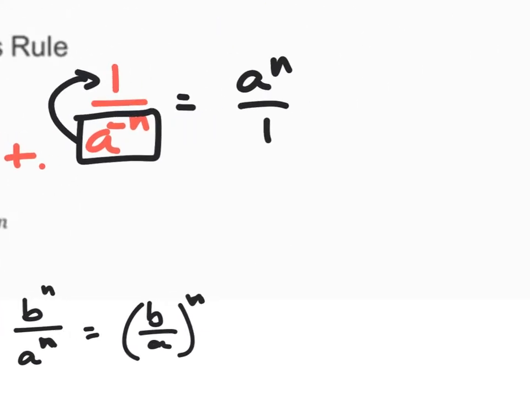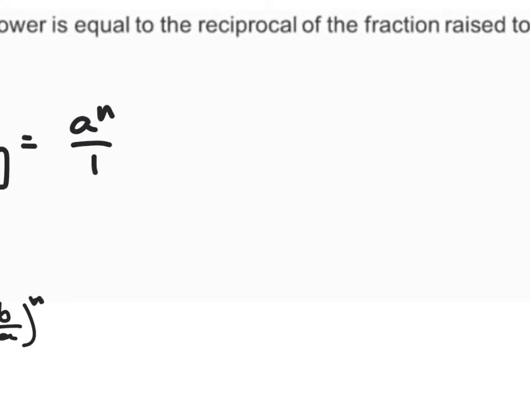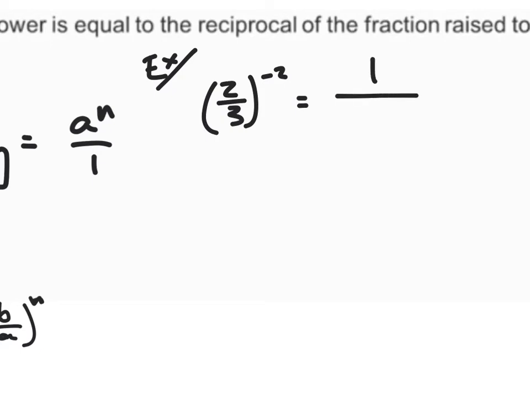Now, another way that we can look at this is this. Here's an example. Let's say I have 2/3 raised to the negative 2 power. Using our rule of exponents, one thing I could do is take 1 over the entire fraction, 2/3 quantity squared.